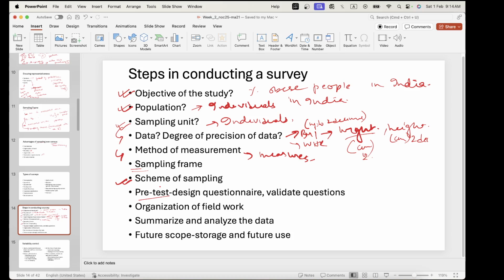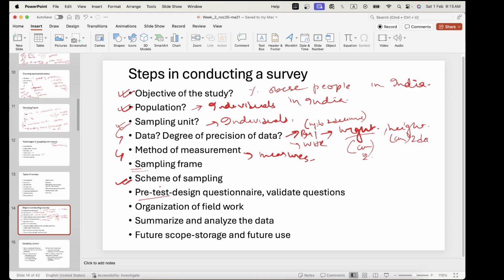But you give the same questionnaire to another person who is not exposed to your environment perhaps, so they might interpret questions differently. You might want a particular type of answer, but they might interpret questions differently and they might not be able to understand the questions correctly so that they can answer you properly.